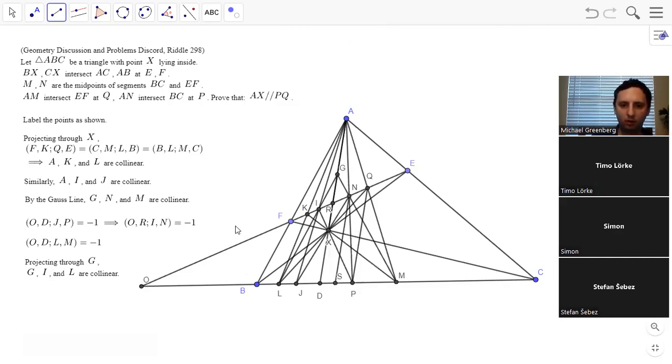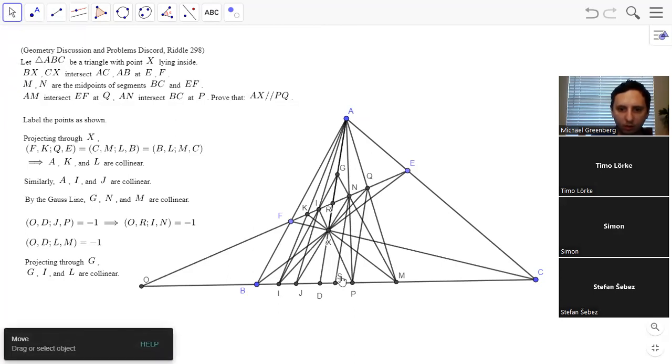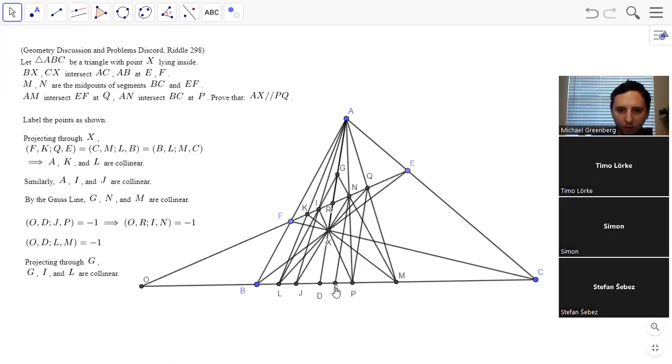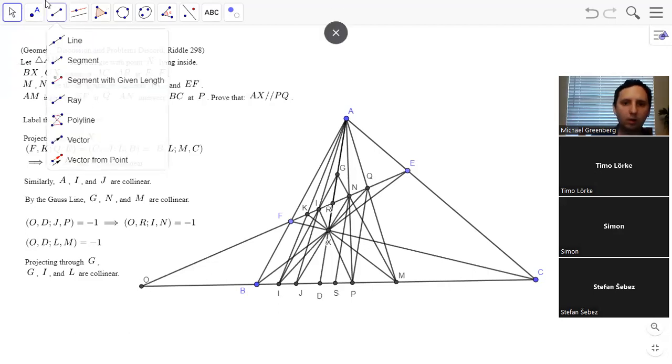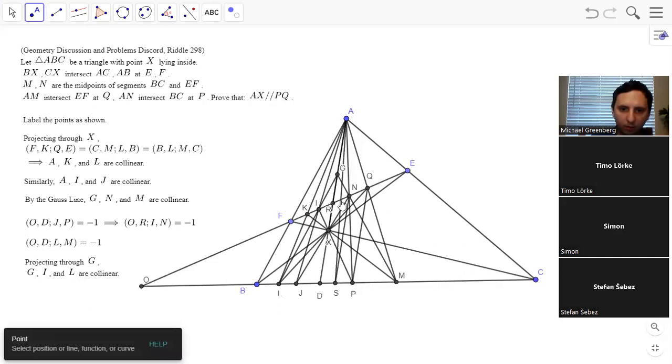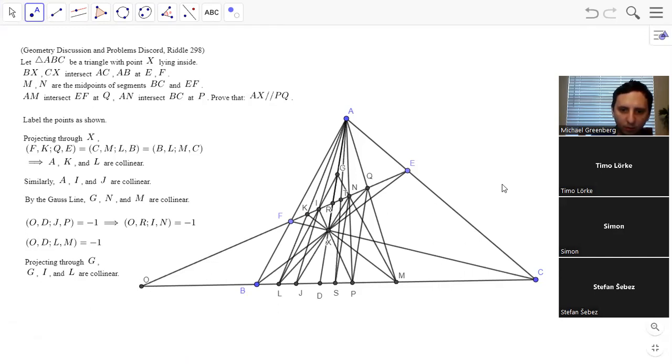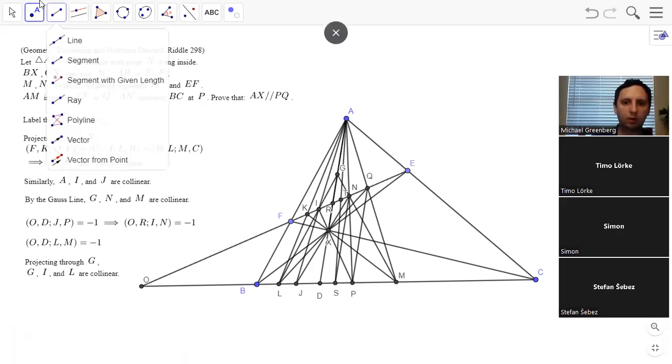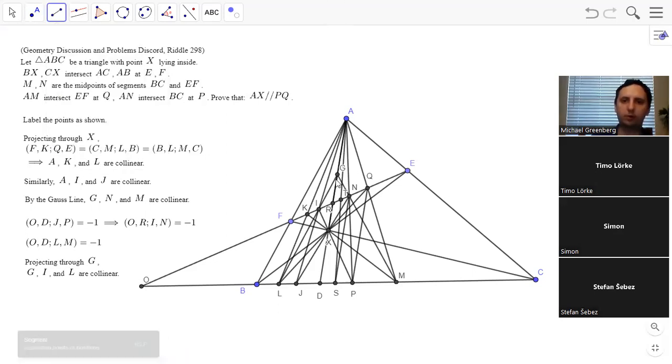And then we project through A and get IN, intersection of AS and EF, and Q is harmonic. However, that intersection point should be on GP. So we have something equivalent to concurrence. We want to show GT and P are collinear, basically.